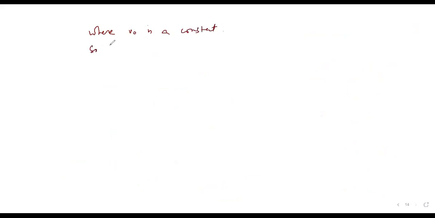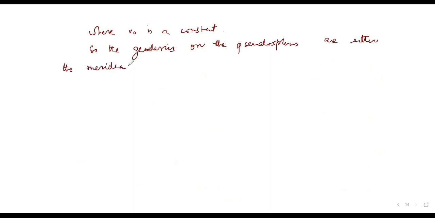So the geodesics on the pseudosphere are either the meridians, which is true on every surface of revolution anyway. Now what is different in the pseudosphere?